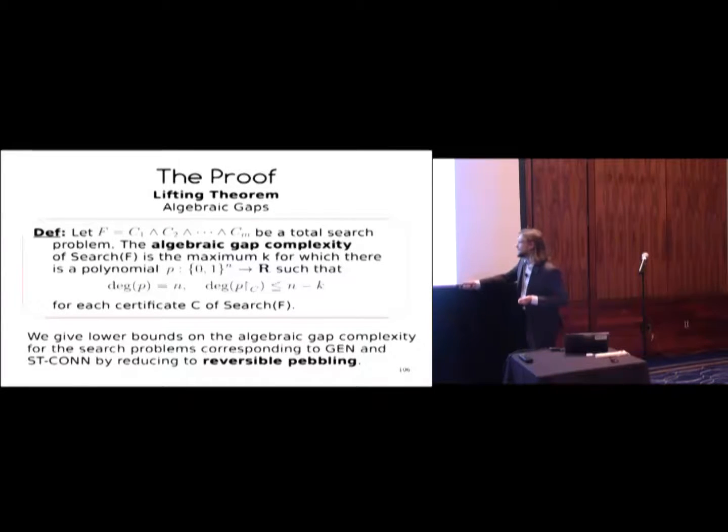So we can show, say, for ST connectivity, there is a polynomial for which the gap is log n, and in fact, that's the best you can do. And for gen, if you start with a graph with high reversible pebbling number, then the gap is going to be exactly the pebbling number. And the nice thing is that for gen, we can actually get graphs with basically linear reversible pebbling. So this gives us our exponential lower bound.